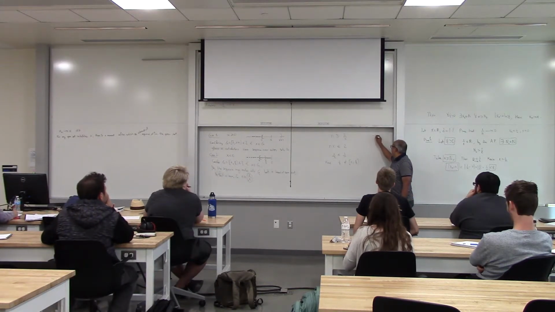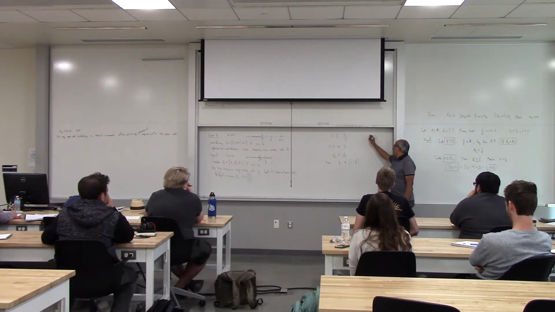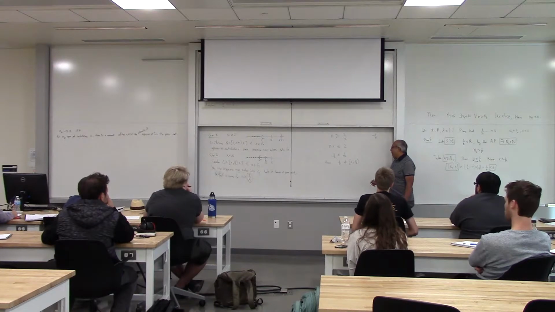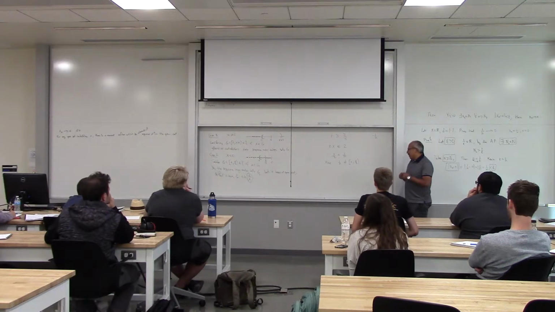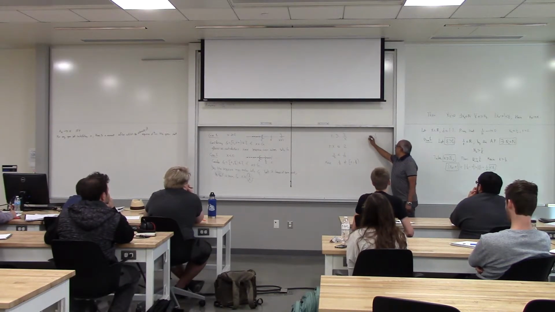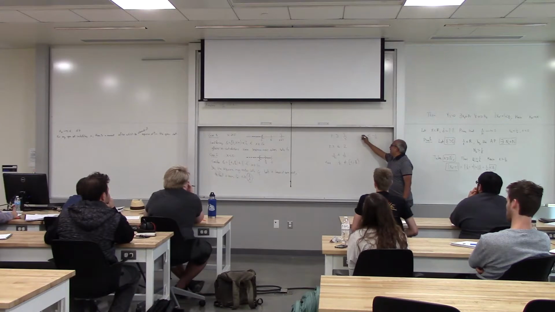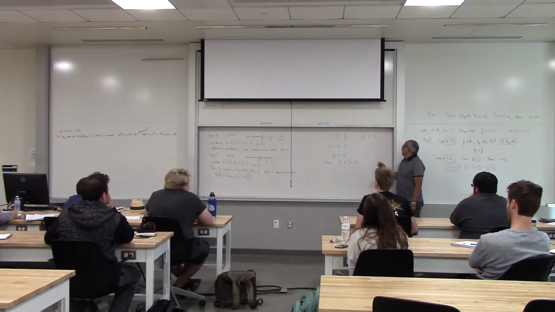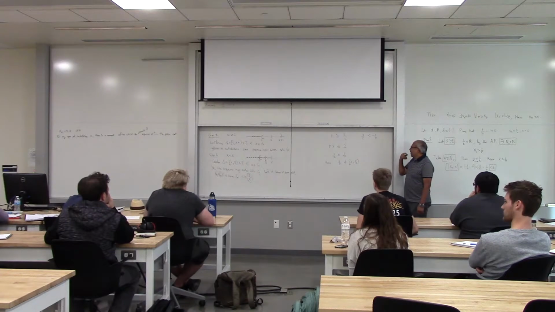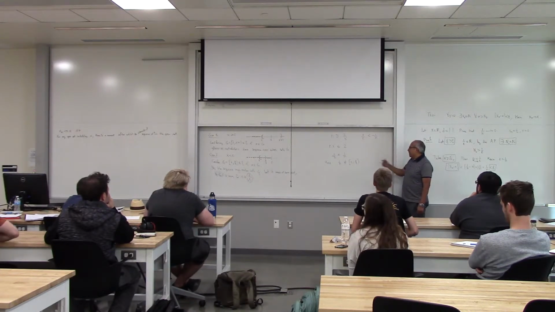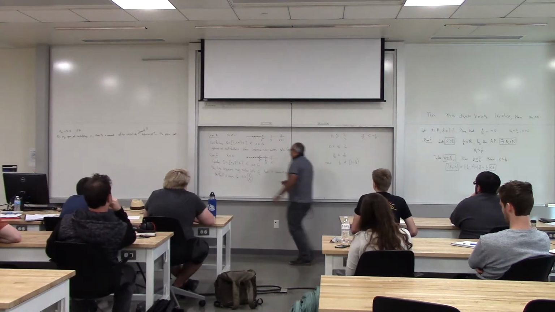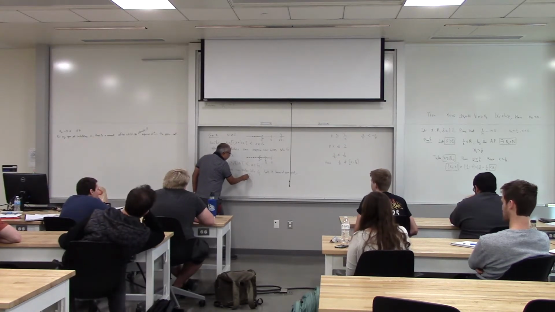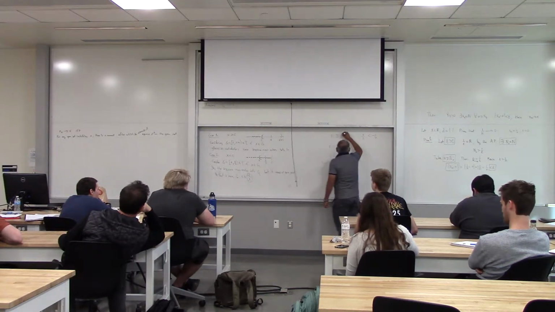I want negative 1 over n to be greater than x over 2. Let's see if I can achieve it. Yes, you're right. This doesn't guarantee anything. So I'm going to put a negative.